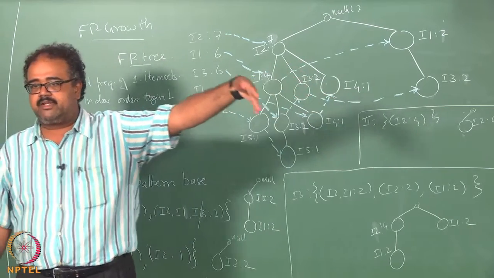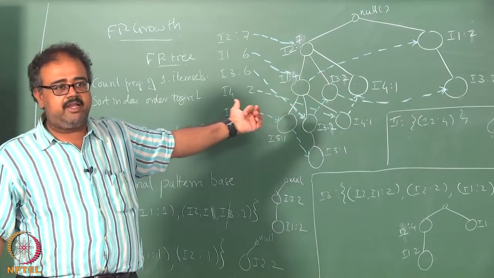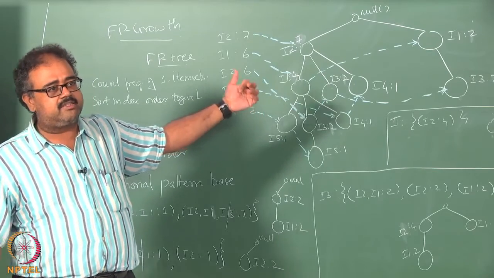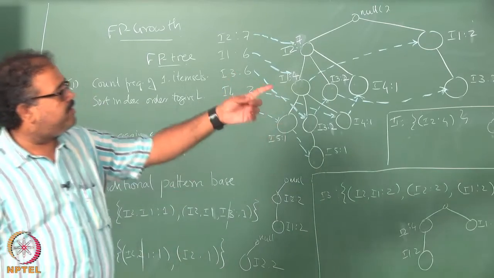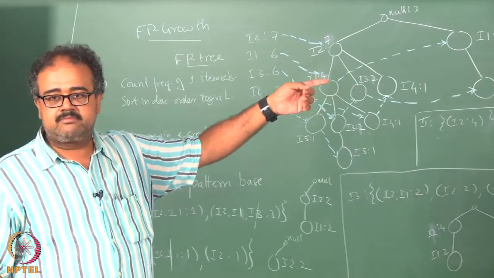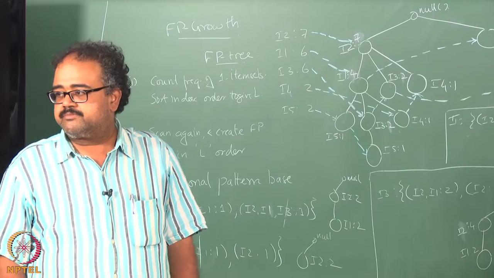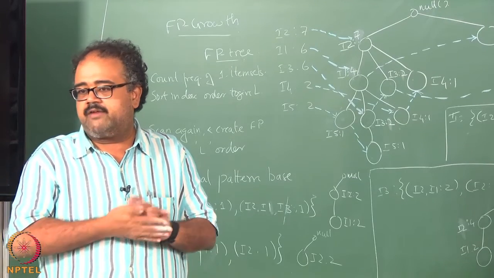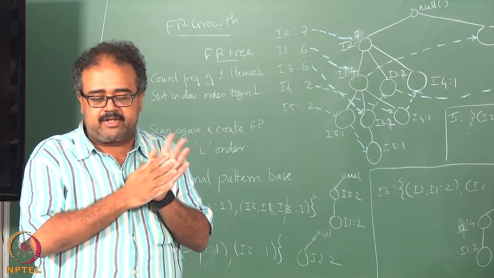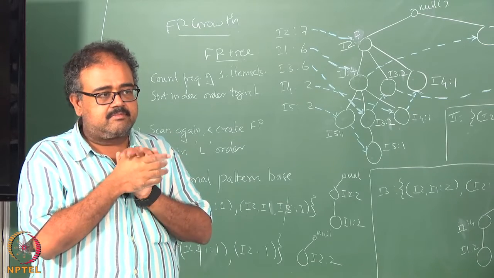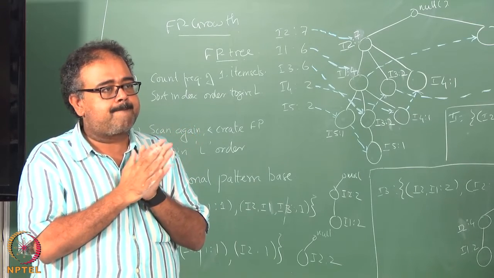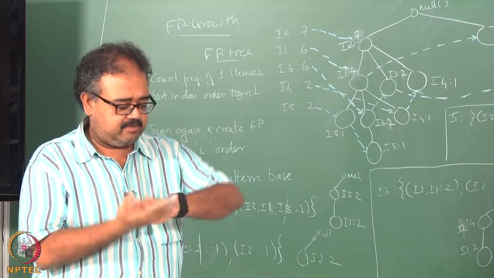I have sorted them in the decreasing order of this table, and whatever is below the threshold I will just delete. So T1 will become I2 I1, and T2 will become just I2. So that will not even figure in the FP tree construction. Okay, any questions?